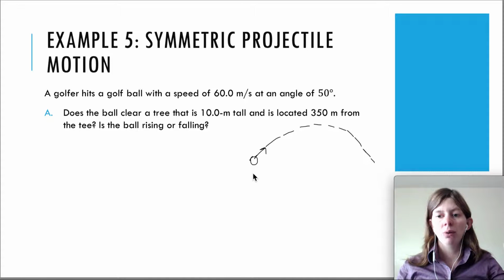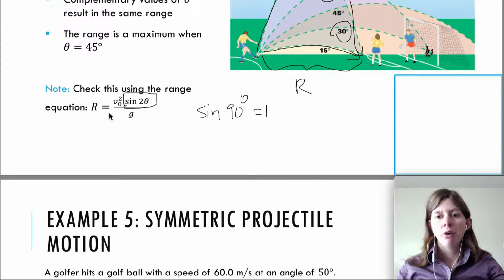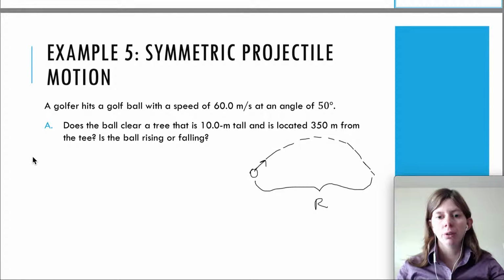So what I like to do is figure out the range of the projectile using the shortcut equation. In the previous slide, we have range is v initial squared sine of 2 theta over g.